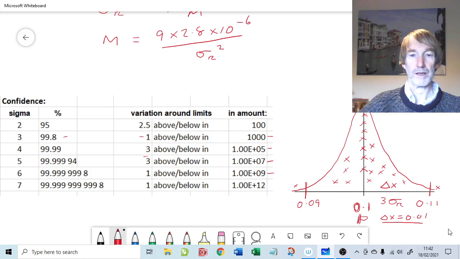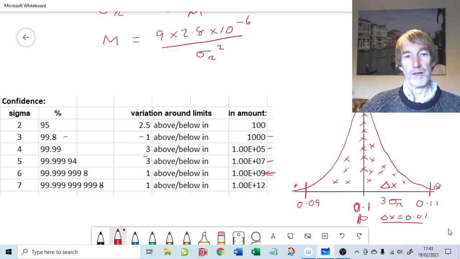We'd better really go for 6 sigma, because we know that we're now into 1,000 million. So there's one pill in 1,000 million that will be below the limit down here, and one pill above the limit up here.